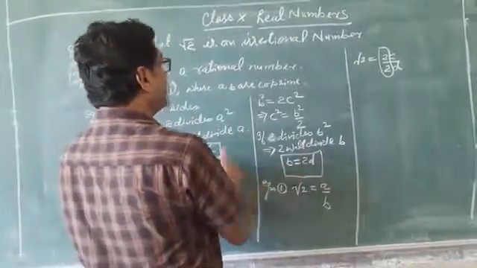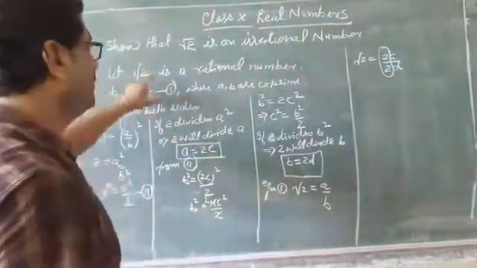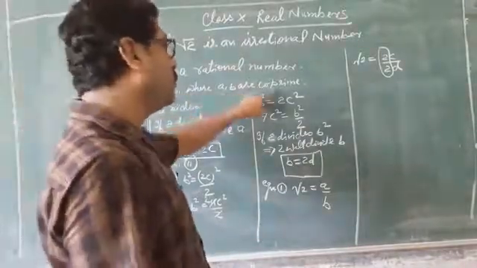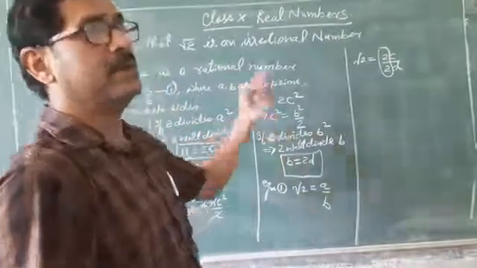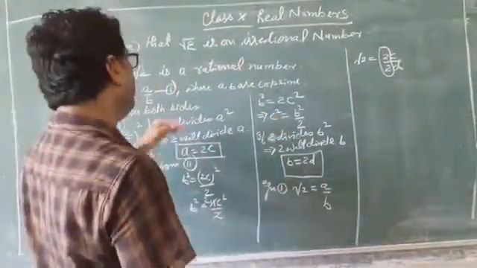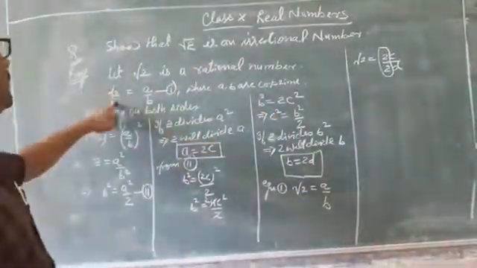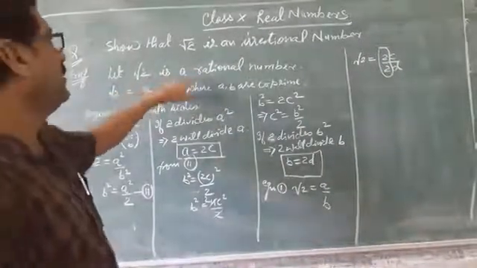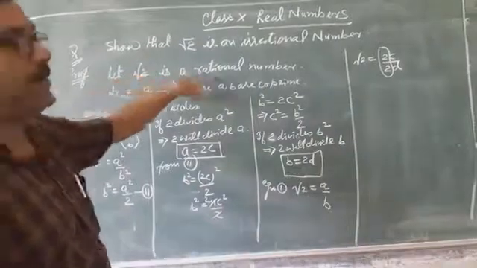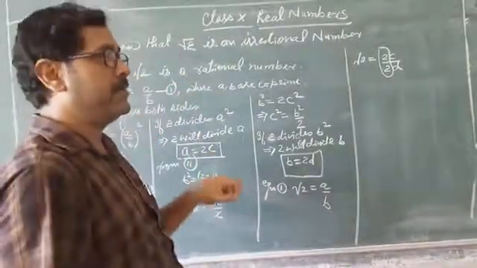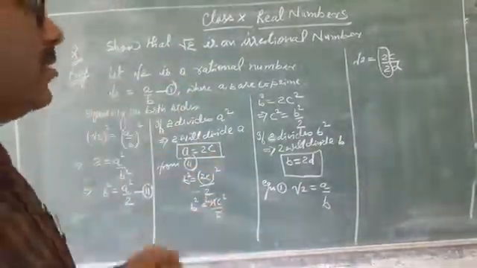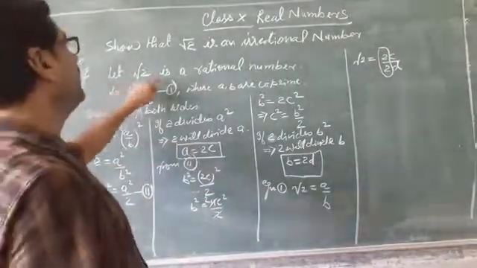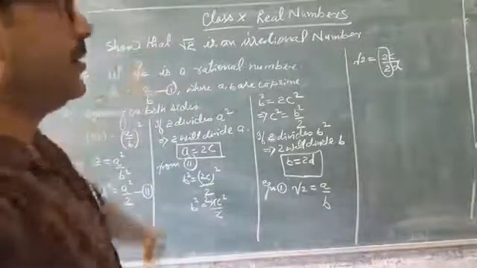It means our assumption that a and b are co-prime is wrong. So our assumption that root 2 is a rational number becomes wrong. So by the contradiction theorem, root 2 is an irrational number.